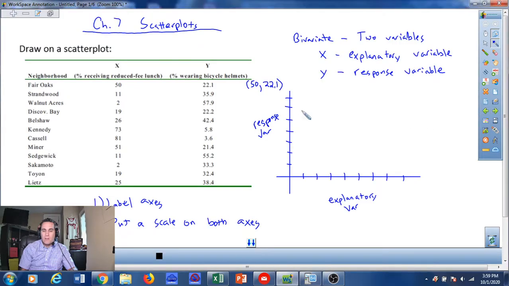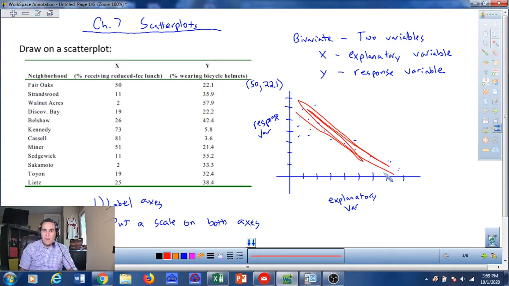If I go back here and sketch out what we saw, we saw something like this. I think that pattern doesn't look like it's curving. I think that pattern looks like it is in general a nice linear pattern. So linear or curved, that's basically what you're looking for.